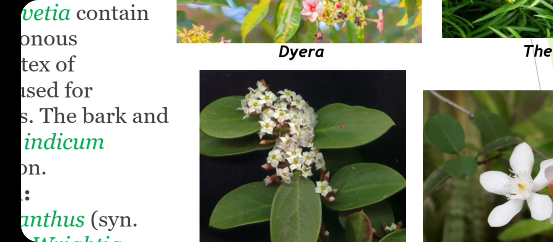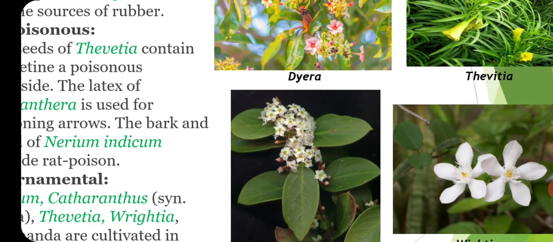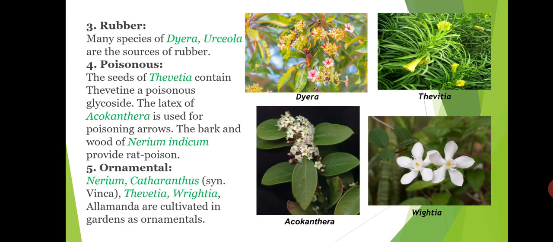And this is also with that perfect Apocynaceae flower structure. Flowers are here, we can see in this plant also. And the bark and wood of Nerium indicum provide rat poison. Okay, Nerium, Manjakolambi, and that name is also used for almond.